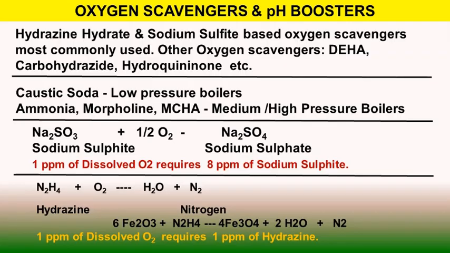Certain complex chemicals are used for oxygen scavenging and pH boosting arrangement. Hydrazine hydrate and sodium sulfite based oxygen scavengers are most commonly used. Other oxygen scavengers are like hydroquinone and caustic soda for low pressure boilers, and for high pressure to medium pressure boilers ammonia and morpholine are used.